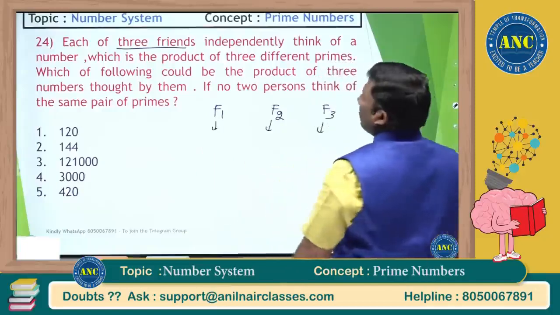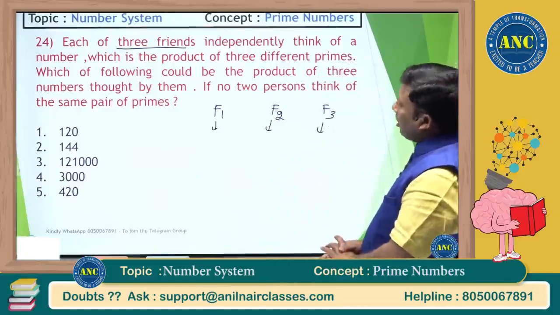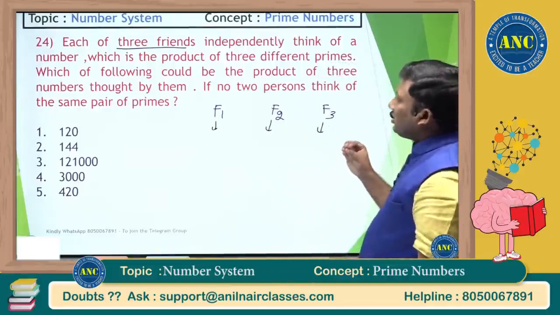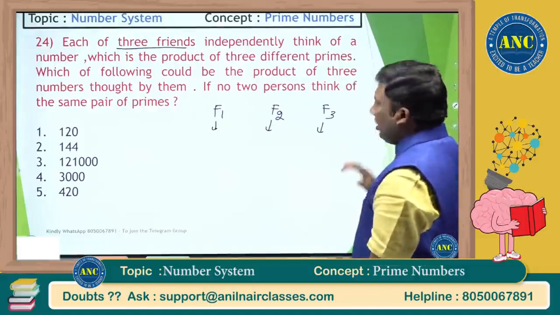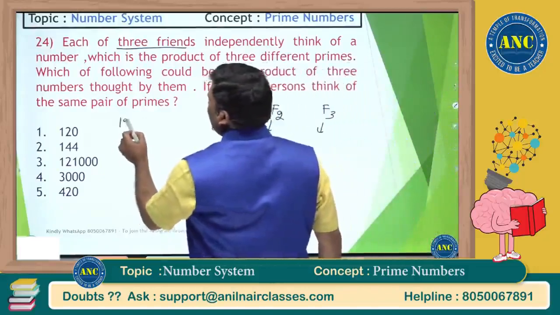Which of the following could be the product of the 3 numbers thought by them, if no 2 persons think of the same pair of numbers? See here. Suppose 120 is there.